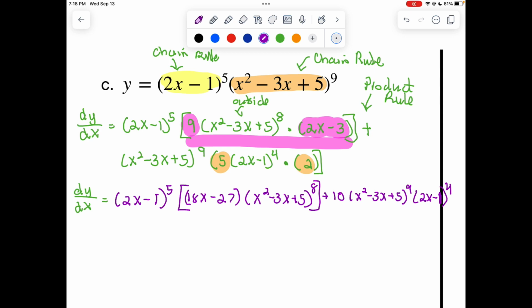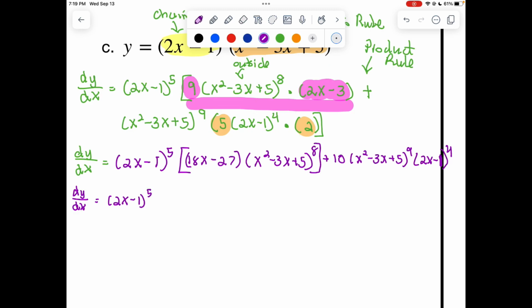The (2x minus 1) to the 5th times (18x minus 27) times (x squared minus 3x plus 5) to the 8th power is all one term, because those are all products, plus my second term, 10 times (x squared minus 3x plus 5) to the 9th times (2x minus 1) to the 4th. I think those brackets are a little confusing and misleading about what the two terms are, so I'm just cleaning it up a little bit for you.